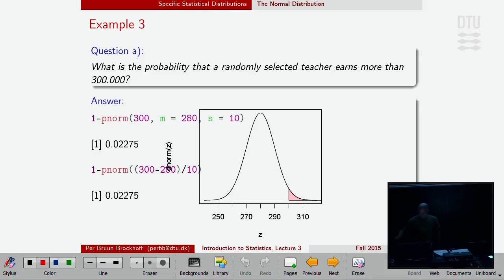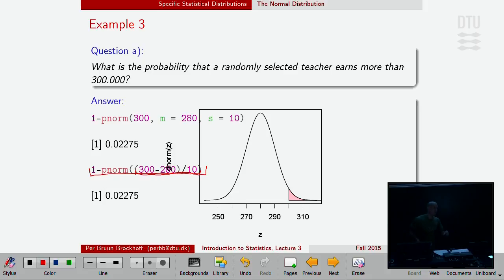We could also, and I'm showing it to you here instead of jumping into R, although it's slightly not well made, this way would be to call the p-norm, which by definition uses the standard version. I call it with 300 minus 280 divided by 10, which was the 2 I found from before on the standardized scale.